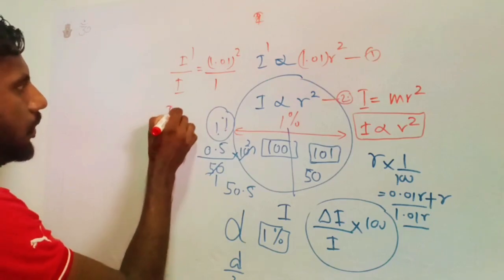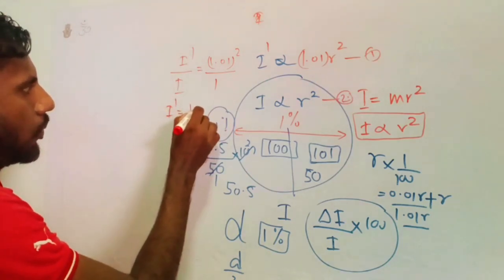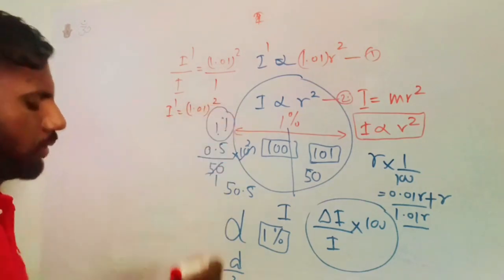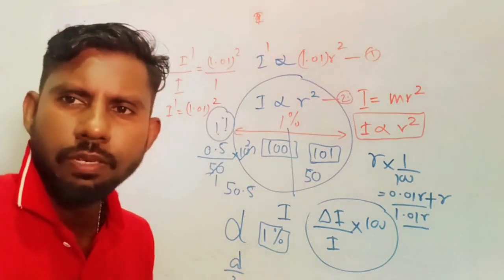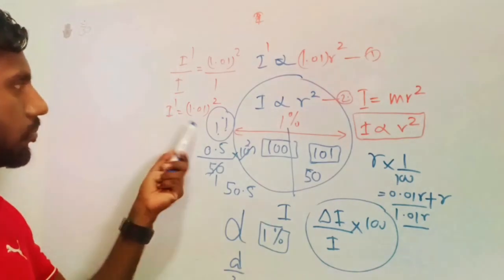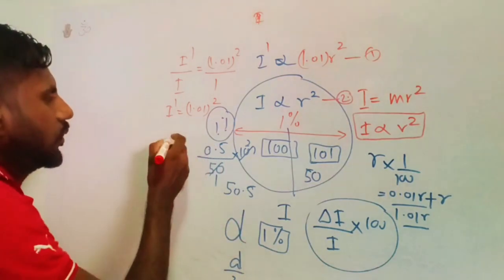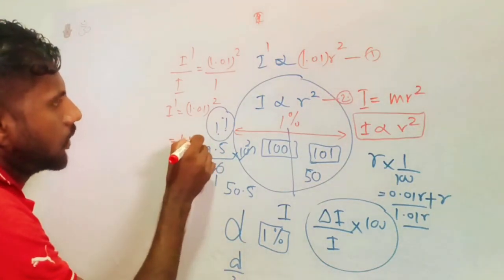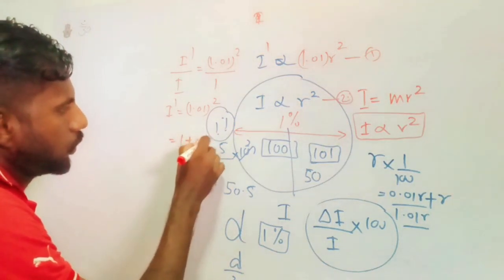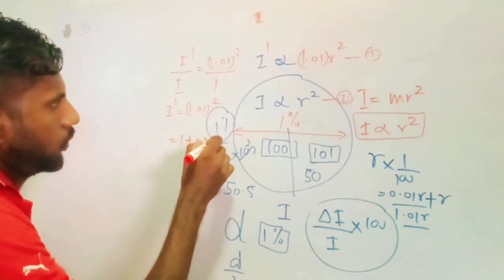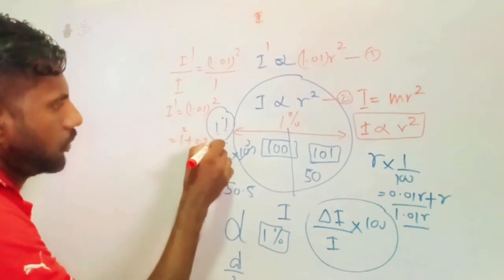So we get I dash over I equals 1.01 square. Right. Now take this out. So it's 1 square plus 0.2.